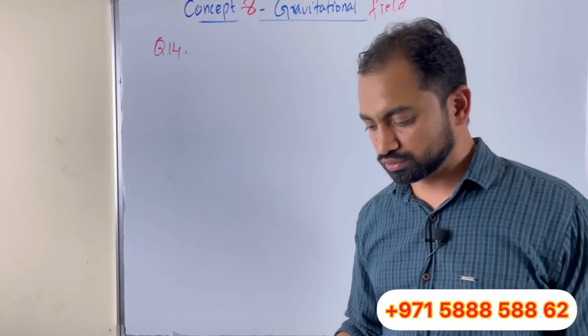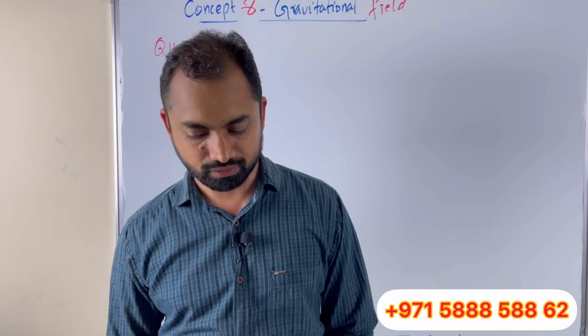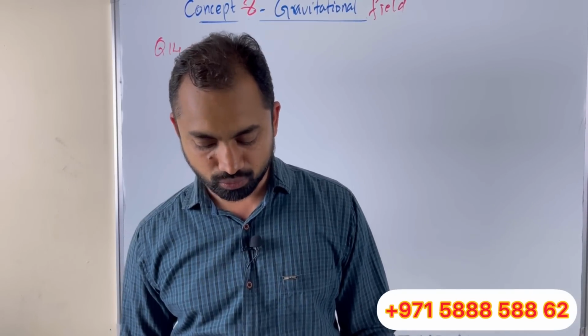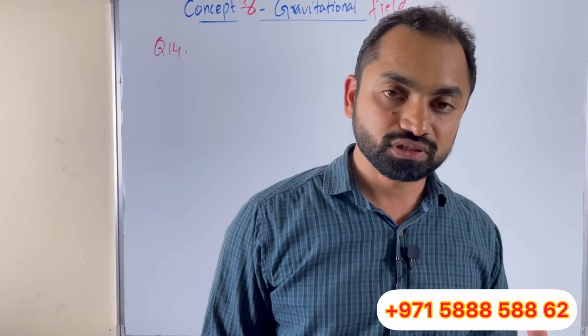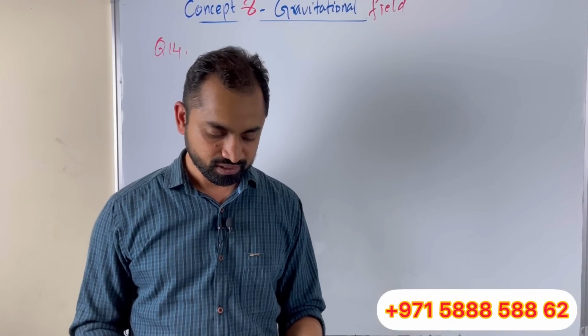Now we have two more concepts remaining, concept number 9 and 10. Concept 9 is to calculate the orbital speed and orbital time period of planets and satellites.